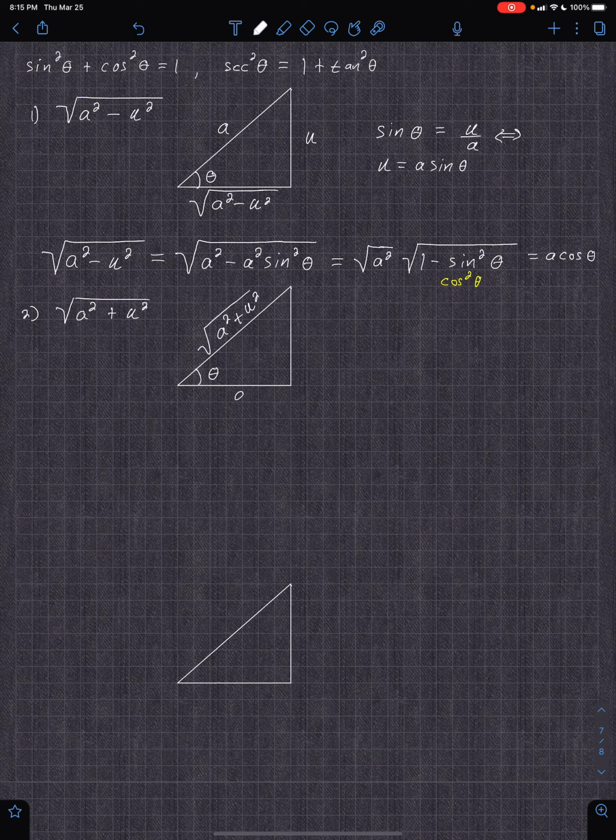And so this would be your a, and this would be your u. So that one is a tangent. So tan theta is equal to u over a, if and only if u is equal to a tan theta.